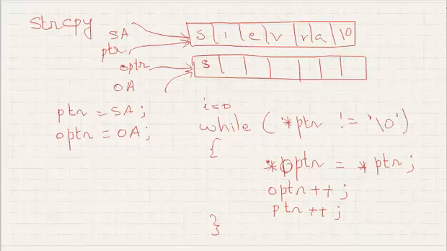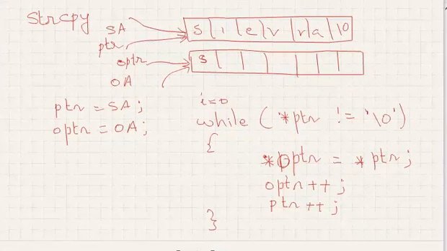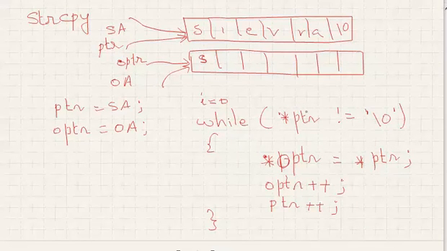There's one more thing that we need to add to this program. Let's say we copied everything, C, R, A, and once it finds the null terminator, it breaks out of this while loop and comes here, but we didn't put a null terminator here, right?